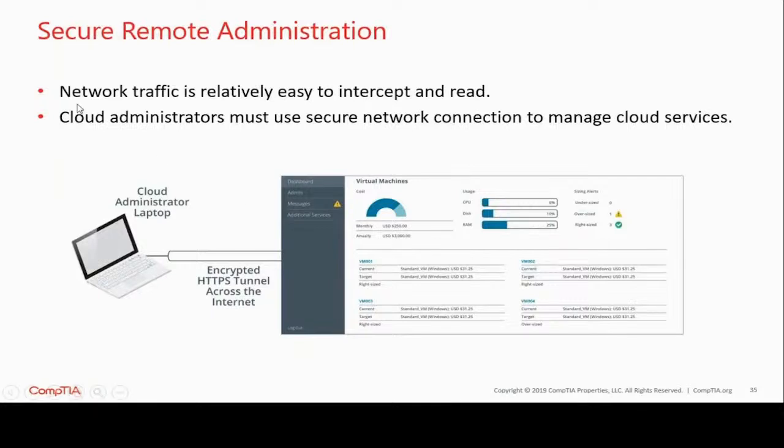Then secure remote administration. You are already doing remote administration from your home in this pandemic, so you are well aware of how we do it. You might have enabled your VPN and your system has to be compliant. Once you log in, you are prompted for multi-factor authentication.